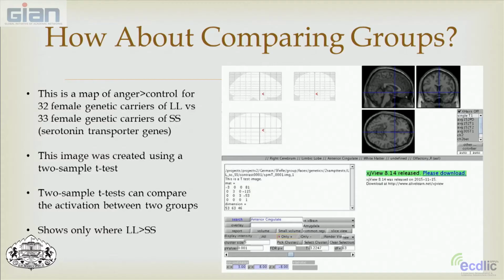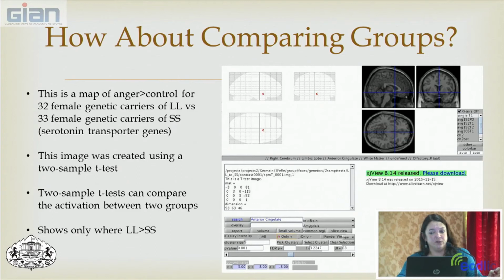So how about if we want to compare two groups of subjects? What we have here, I'm showing the same contrast of anger greater than control for 32 female genetic carriers of the LL serotonin transporter gene.